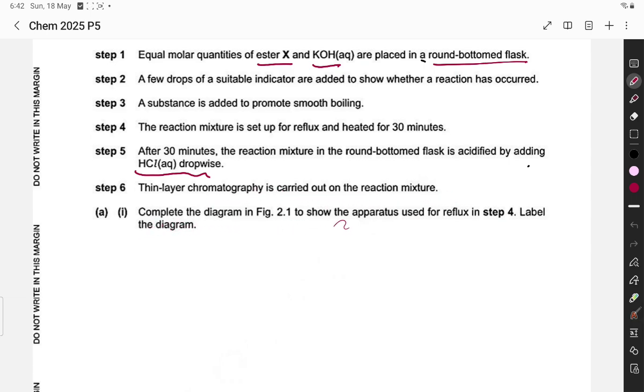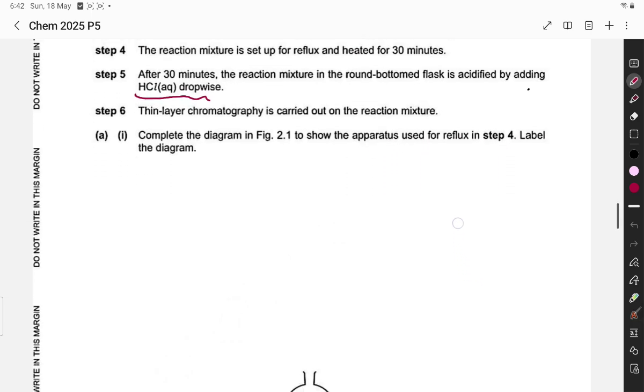Complete the diagram in figure 2.1 to show the apparatus used for reflux in step 4. Label the diagram.